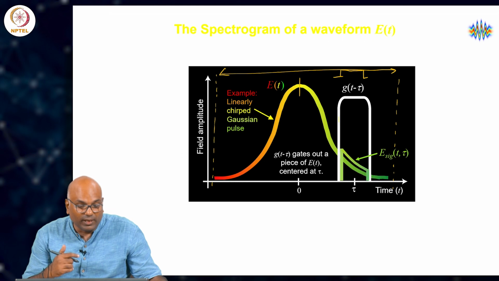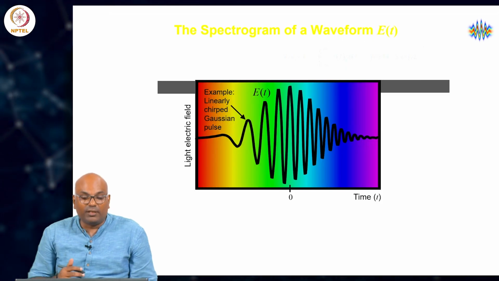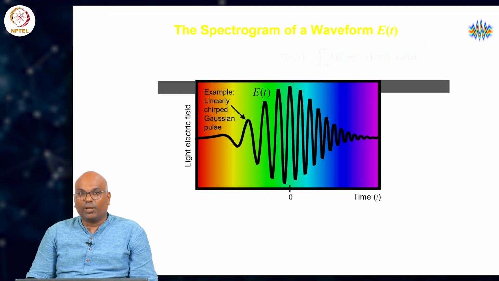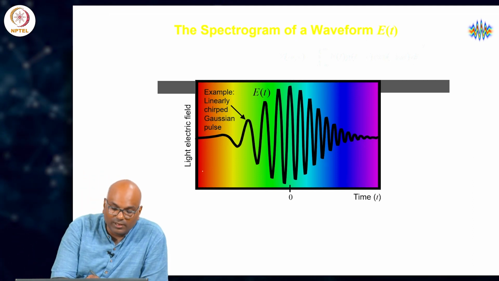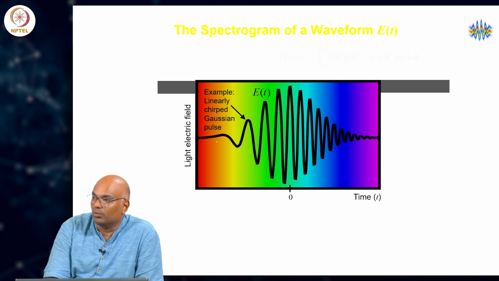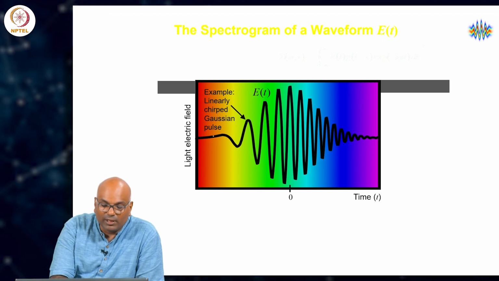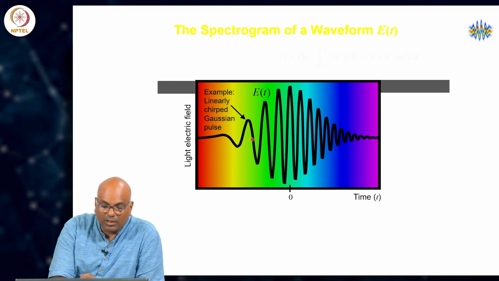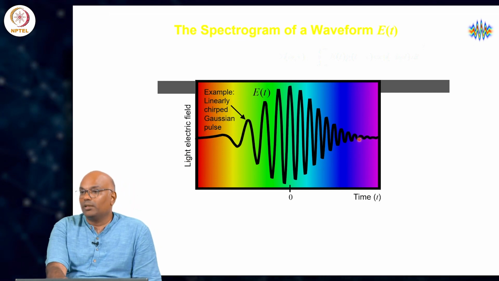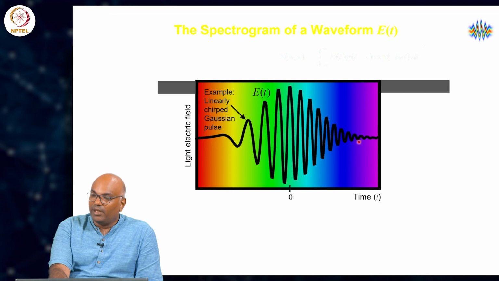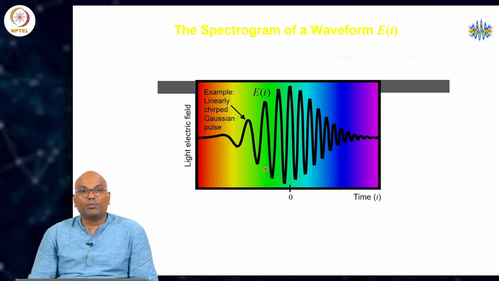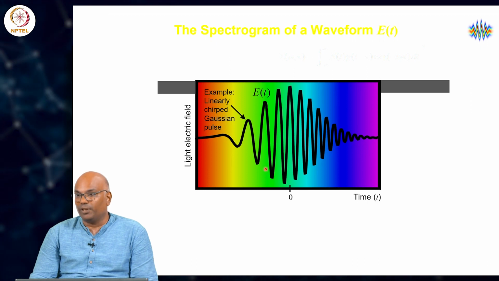So, this helps us generate the spectrogram of the waveform of interest. Essentially, this is what we have been plotting all through. The instantaneous frequency changes as a function of time as we go through, and using the gating process, we can measure the spectrogram of the waveform of interest.